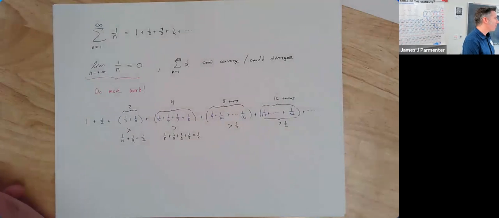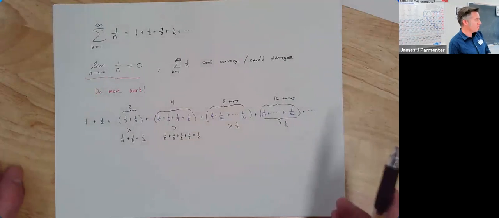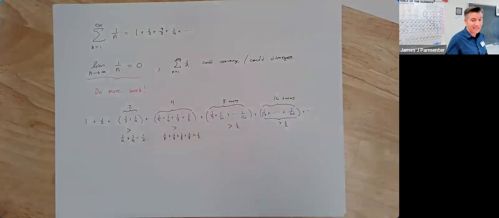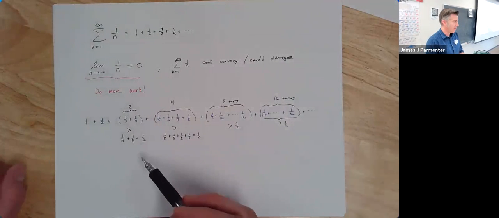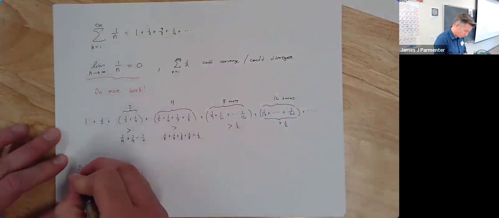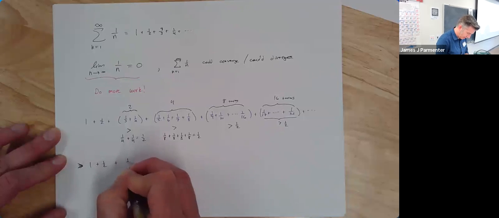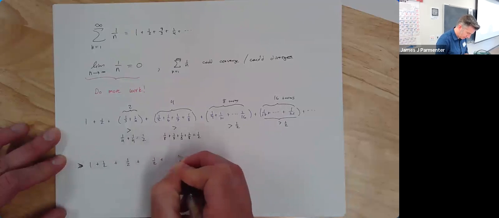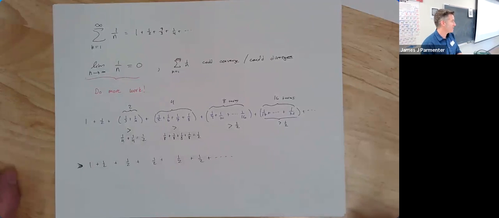How long can I do that for? Forever, right? I'm never going to run out of terms. I can grab the next 32 terms, and then the next 64 terms, and then the next 128 terms, and I can keep doing that literally forever. But that means this is bigger than 1 plus a half, plus a half, plus a half, plus a half, plus a half, and you never run out of halves.